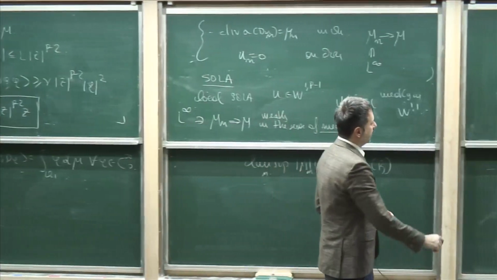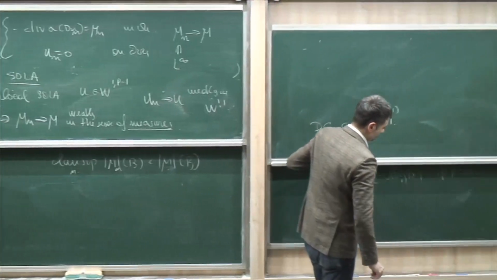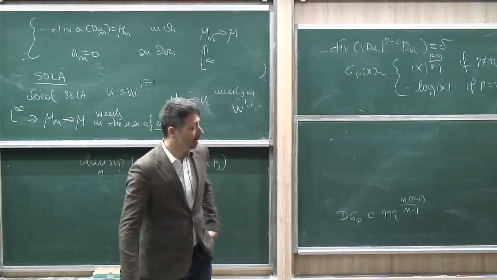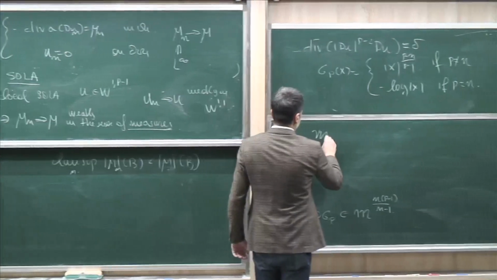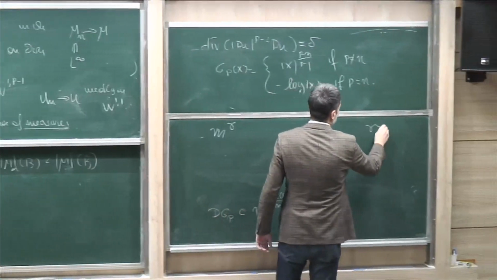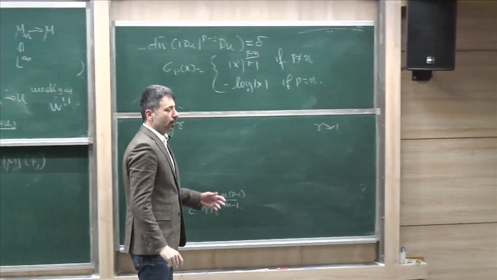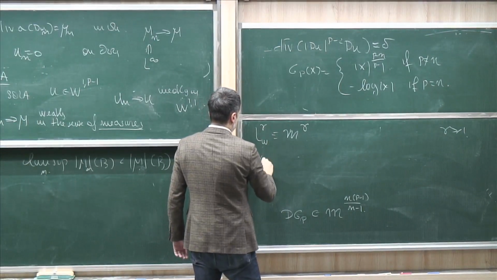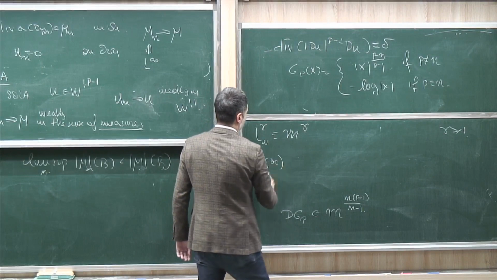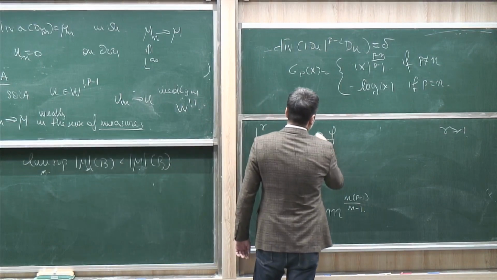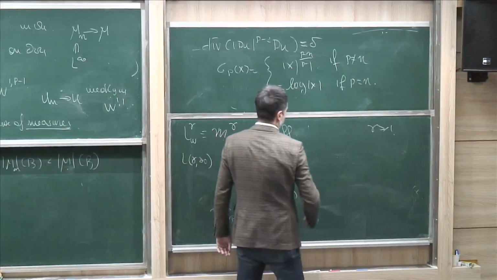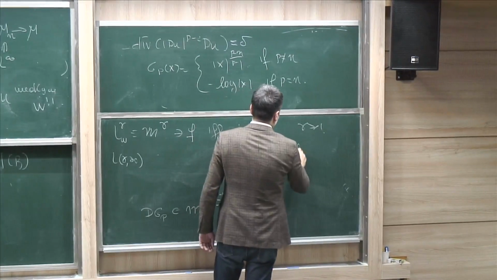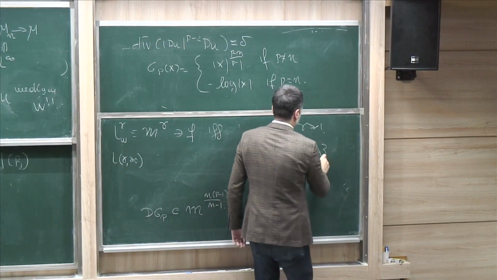Let me recall that the Marcinkiewicz space is given by M^gamma, for gamma larger than or equal to 1. This is also called weak L^gamma, or the Lorentz space L^{gamma,infinity}. Well, f belongs to this if and only if the sup of this quantity is finite.